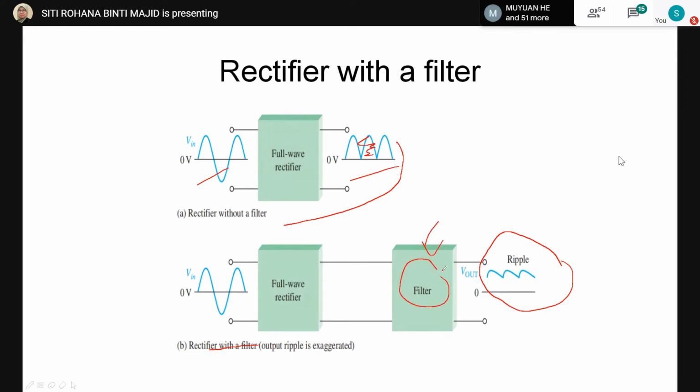Normally this filter is made up of a capacitor. In some cases they have one capacitor, and in other cases they will have two or three capacitors. So the number of capacitors attached to the full wave rectifier will affect the ripple signal.